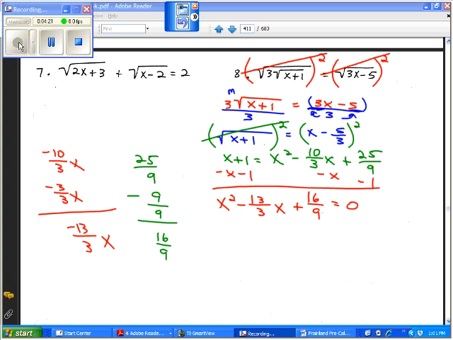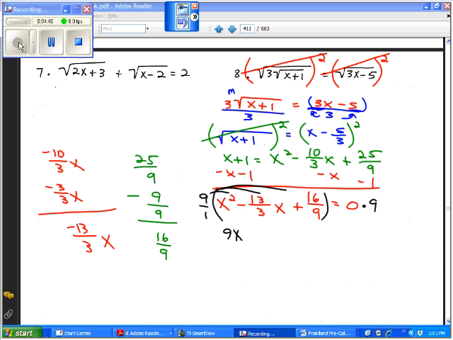Now, we really don't like those fractions very much. So we're going to fix that problem. We're going to multiply through by the common denominator between 3 and 9, which is 9. It's really nice that on the right side it's going to stay 0, you see.